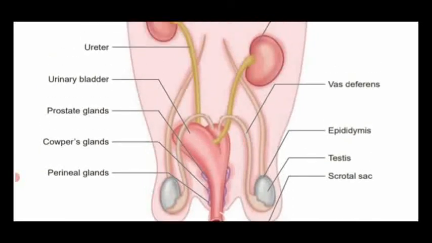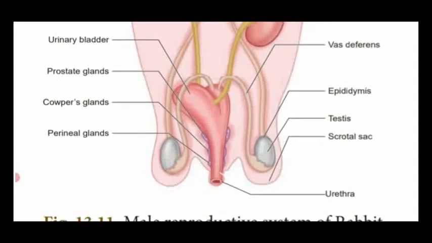So, a pair of testes enclosed by the scrotal sac. Then the testis consists of fine tubules called seminiferous tubules. These lead to a coiled structure called the epididymis. The epididymis leads into a duct called the vas deferens. The pair of vas deferens joins the urethra on the posterior side, just below the urinary bladder.